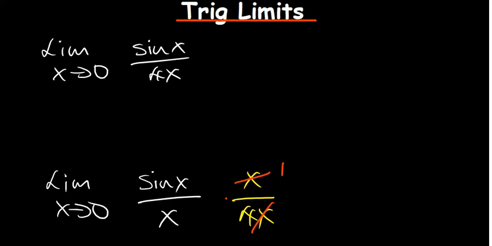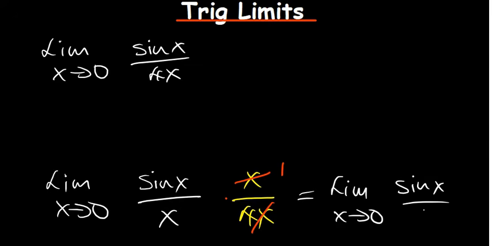This is equal to the limit as x approaches 0 of sine x over x, and then we have a constant, 1 over 4. The limits tell us we can pull out the constant, so we have 1 over 4.